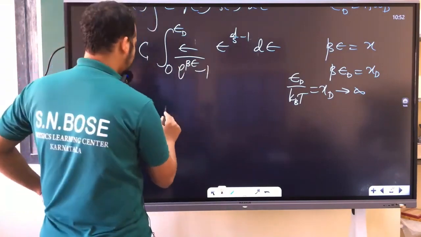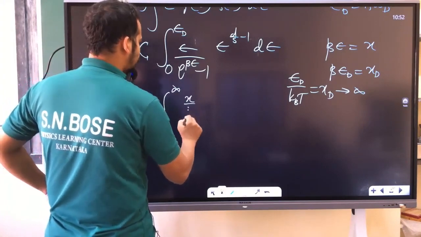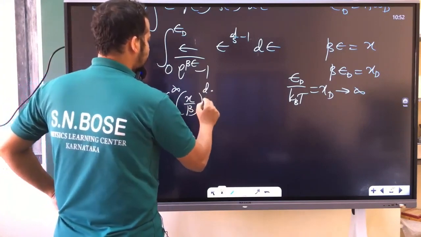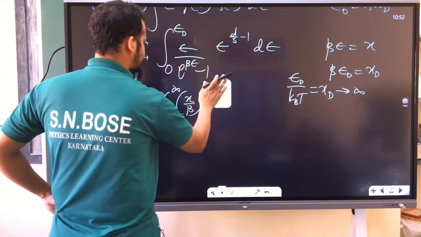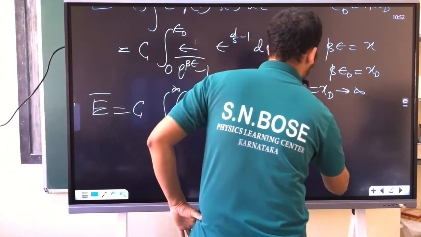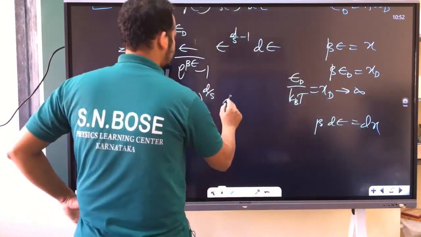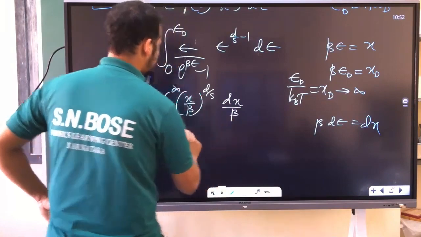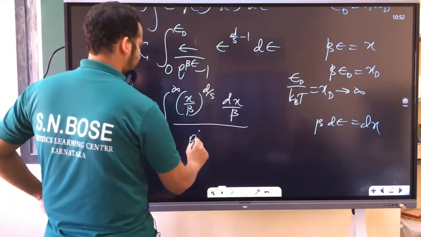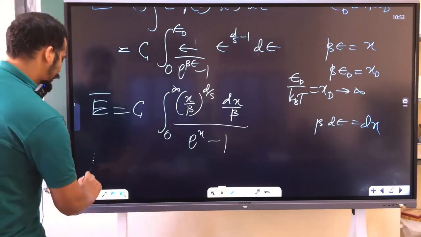That will become 0 to infinity, x by beta power d by s. Then beta dE is equal to dx, so dE is equal to dx by beta, divided by e power x minus 1. Isn't it? What happened? Average energy.